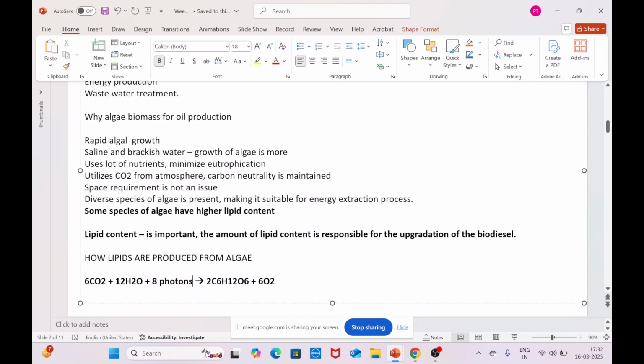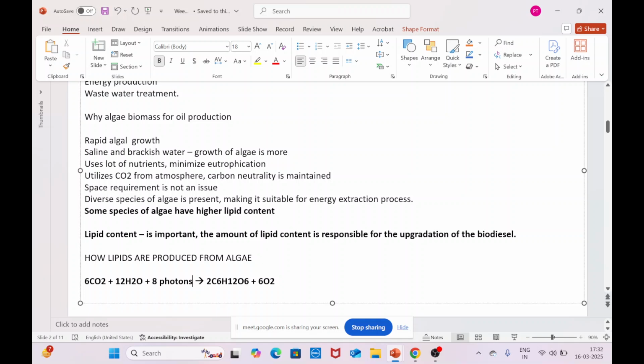The algae absorb carbon dioxide as well as water molecules, and this reaction takes place in the chloroplast. The chloroplast contains a pigment called chlorophyll, just like in plants. This chlorophyll absorbs carbon dioxide, and the water is also absorbed, and the reaction takes place in the chloroplast, generating C6H12O6, that is glucose, plus 6 oxygen.